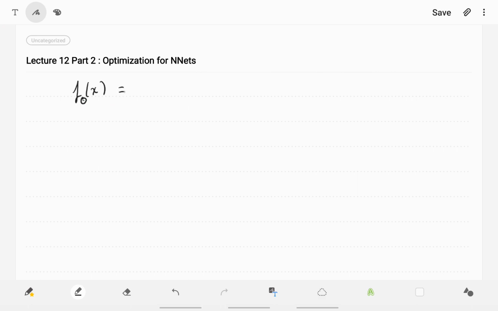Say, for example, this is equal to beta transpose times some sigmoid applied to some other weight matrix, W transpose X, plus some weight vector W naught, plus some beta naught. Right? So let's look at the dimensions of all of these tensors.